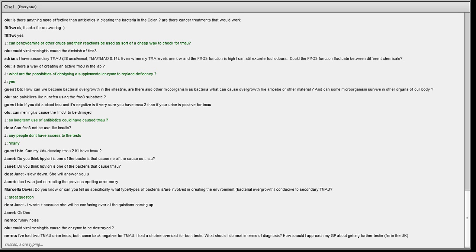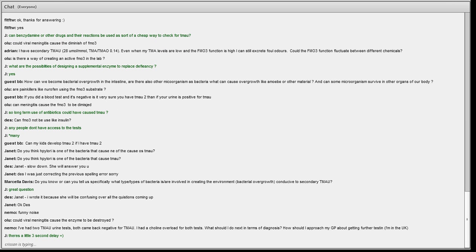I was just going to say that some secondary trimethylaminuria can be caused by changes in the bacterial gut, but actually we don't know enough about what changes them, or what the cause is. We do know that people who've had some intestinal surgery then go on to develop changes in their bacteria that can cause secondary TMAU.